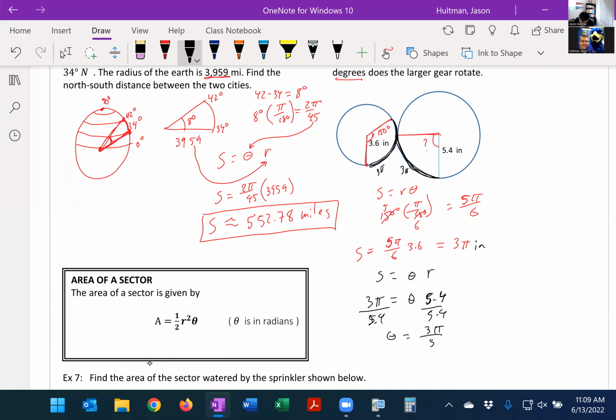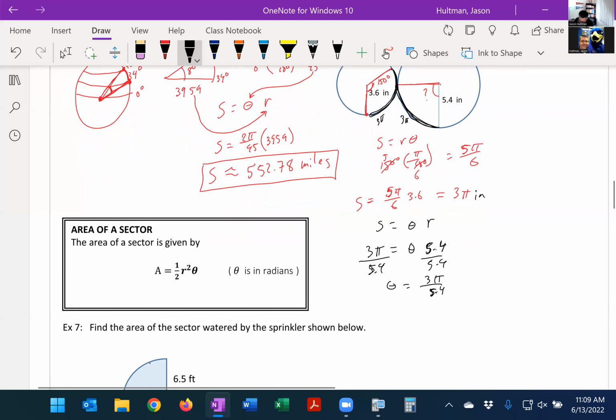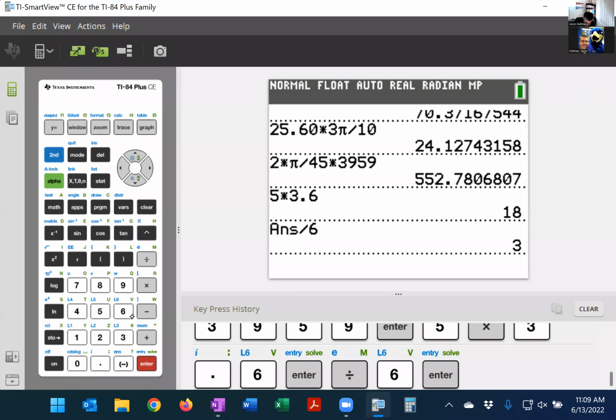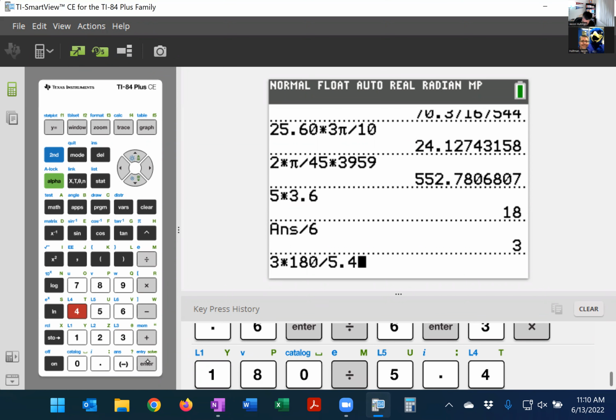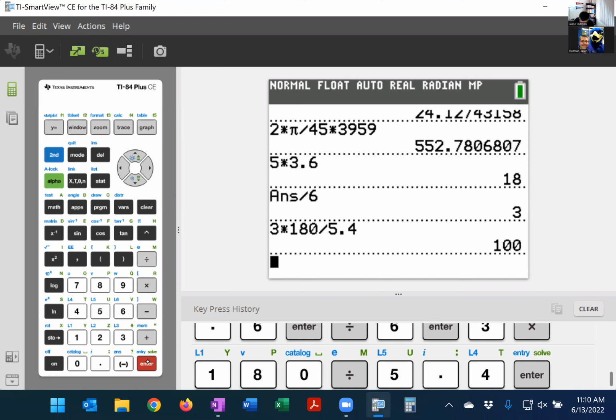And then I want to change this to a degree measure, back to degrees, which is going to be 180 over pi. So what's nice is the pi, I get rid of that. I can multiply 3 times 180 and then divide by 5.4. So 3 times 180 divided by 5.4 is 100 degrees. So this thing ends up being 100 degrees.